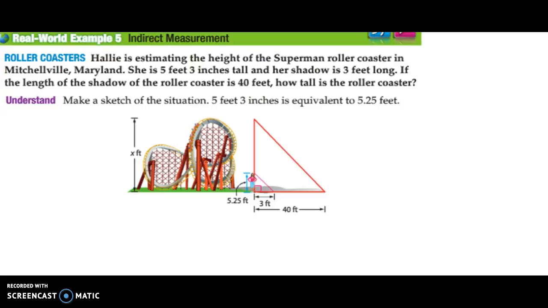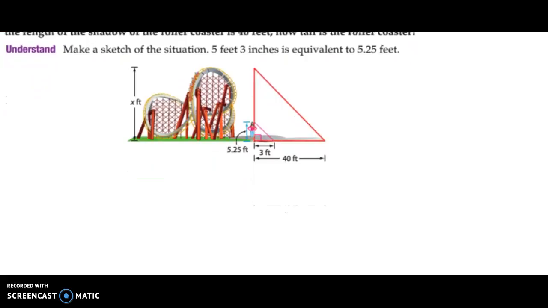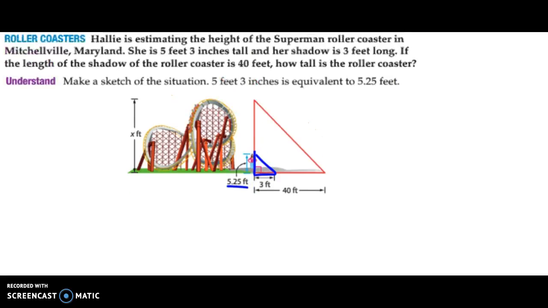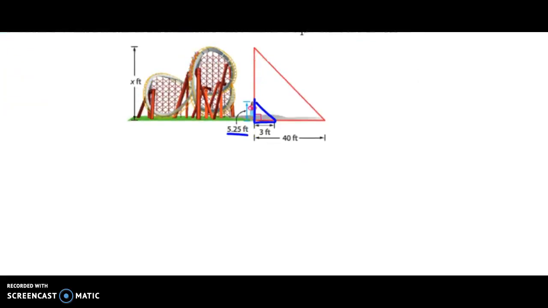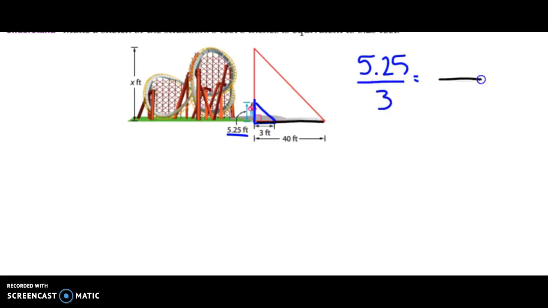Okay, so the nice thing is we have the sketch already drawn for us. We see that there's this little triangle here created where Haley is going to be 5.25 feet and her shadow is 3 feet. So let's write the proportion, 5.25 feet, her height, over the length of her shadow. And it's going to be equal to, and you'll see that the shadow of the roller coaster is 40 feet, but we don't know the height of the roller coaster.